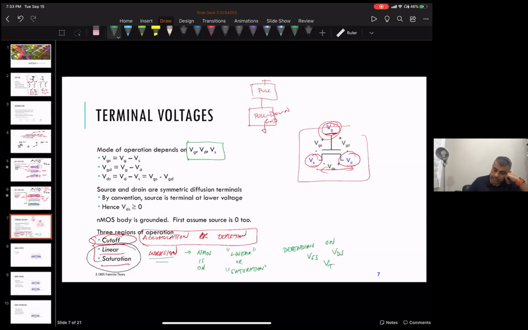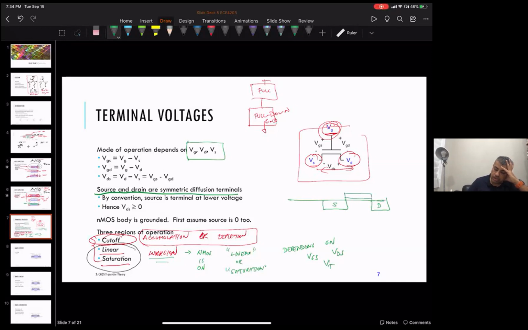One last thing: if you noticed in the layouts and in all our cartoon cross sections, the drain and source are symmetric. When we draw a transistor, it always looks like we have source, drain, the gate oxide, and the poly.